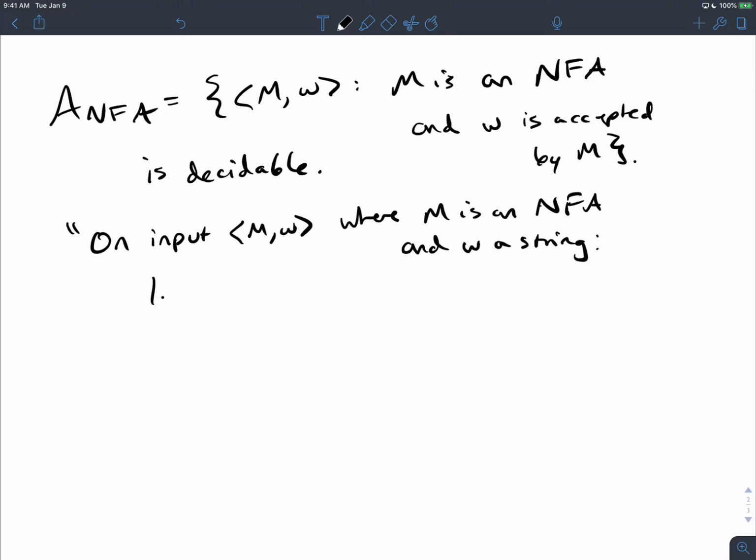Well, can we just start tracing through the NFA and figure out whether the input's accepted by it? Or do you think there's an easier way? So what's an easier way? Yeah, convert it to a DFA. Is there a procedure, an algorithm that converts an NFA to a DFA?